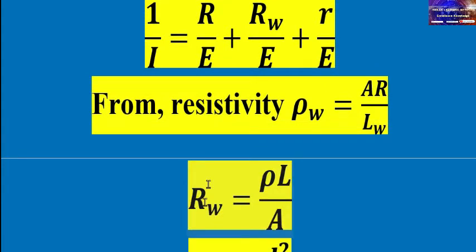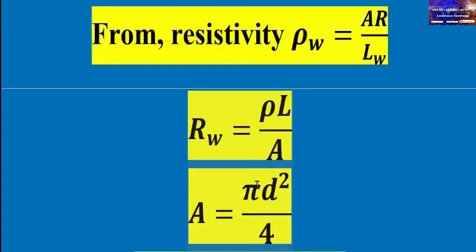Apart from this RW, we are going to put the resistivity times length over area into this formula, and the area is equal to pi d square over 4, where d is the diameter of the wire. You record your diameter by using a micrometer screw gauge.